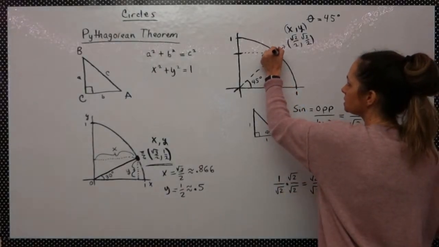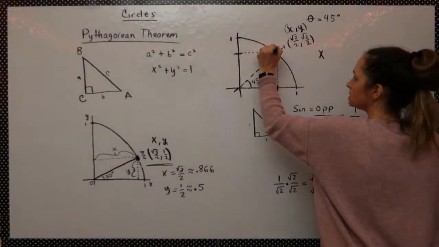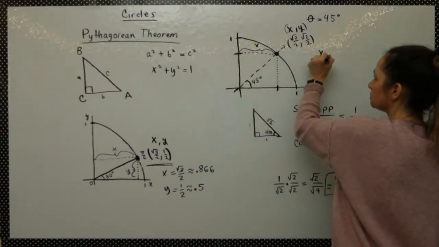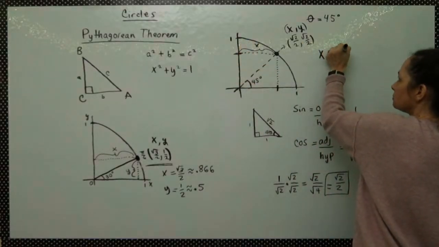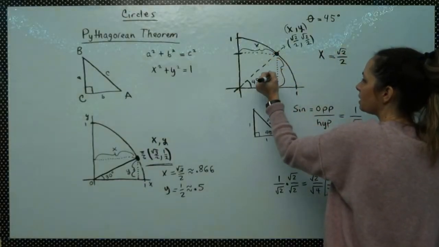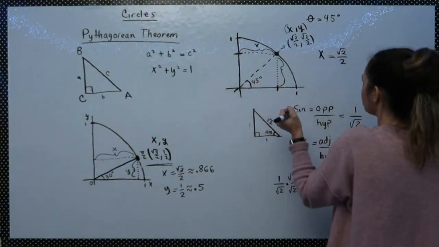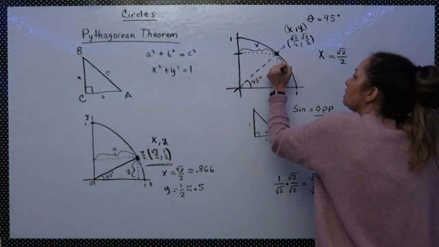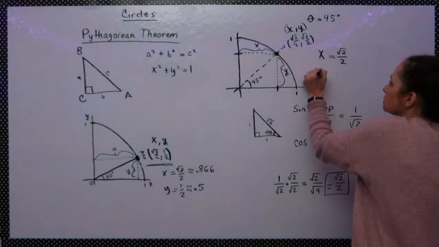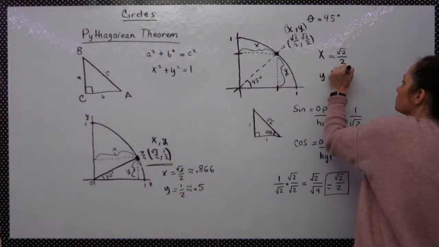What it's telling you is that the x value, this distance right here, is radical 2 over 2. And then also this vertical, horizontal distance, I don't know if I misspoke. Your y is going to be your vertical component. And it's also radical 2 over 2.